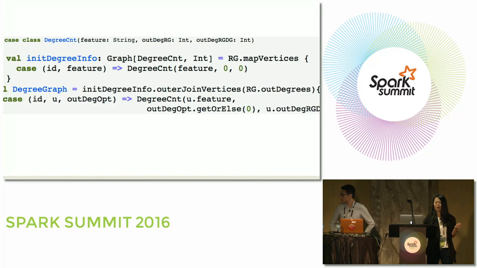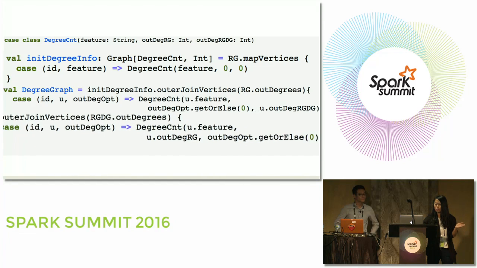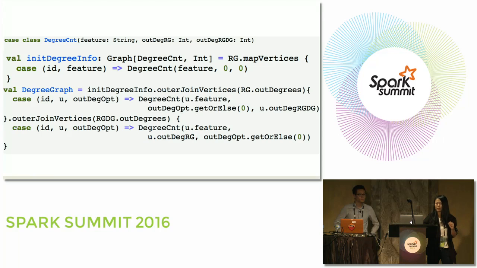And this degree graph, after a join with the reference graph of degree information, using the GraphX API, after join vertices, is how we get the first degree information. And now just join it again, this time joining the RG-DG merge. So we get the second degree information. And again, the change of the degree would simply be a subtraction between those 2 fields.